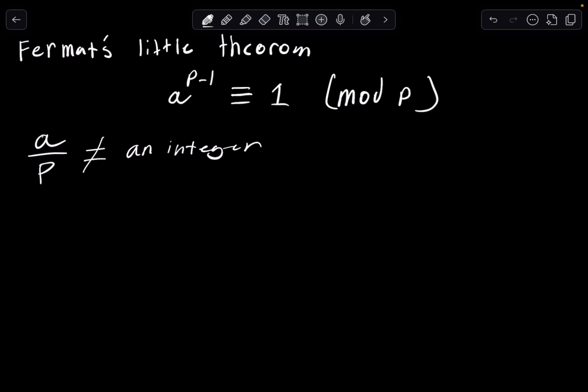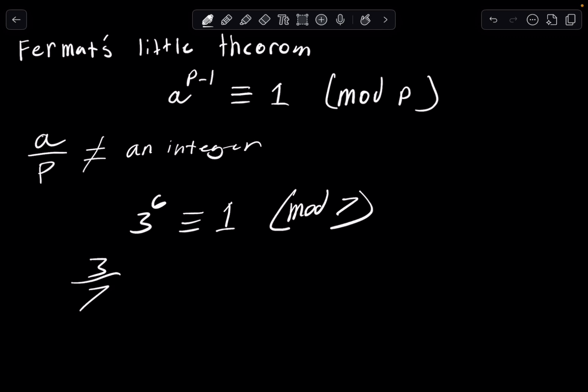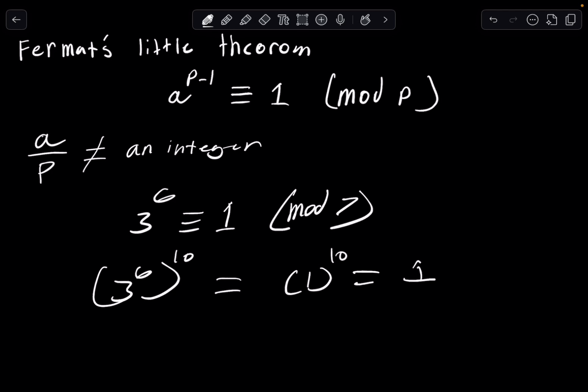So let's take for example, if we had 3, let's do the 6 is congruent to 1 in mod 7. So since 3 is not divisible by 7, that means that 6, which is P minus 1, is congruent to 1. So when we had a problem and this was like 10, we could hypothetically rewrite this as 1 to the 10th, which would just be 1.